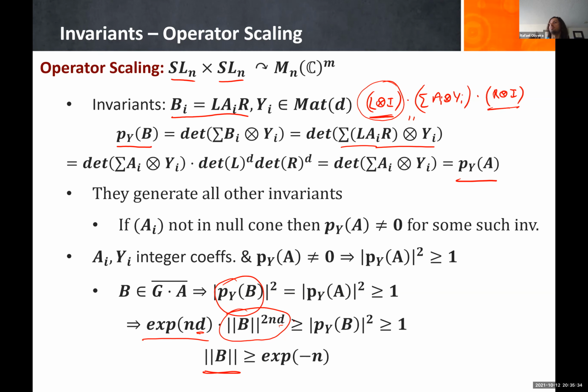Just because we have an exponential, but we also have a power of n to the d. Okay, so notice that this does not depend on the degree of the invariant, which is quite nice. All we need is one invariant, and then this degree kind of vanishes.